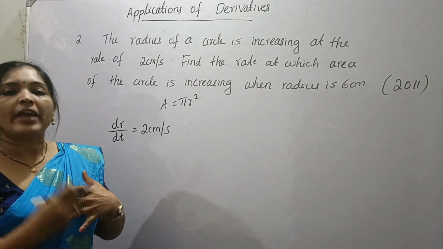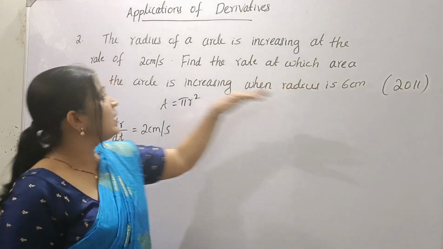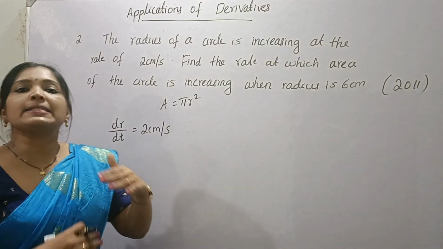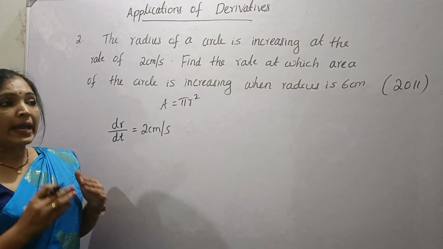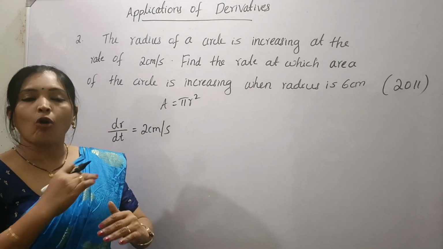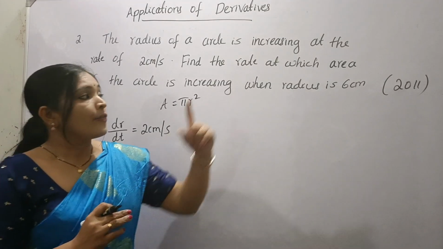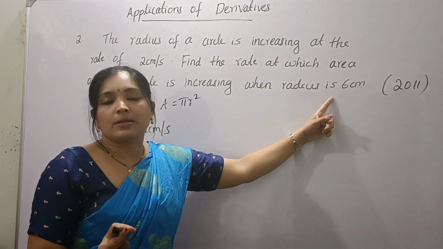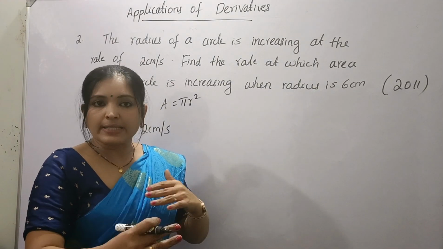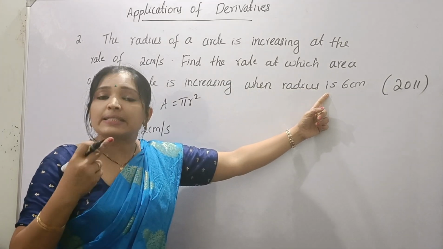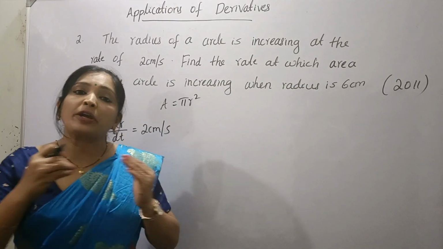Okay, now what we have to find? Find the rate at which area of the circle is increasing when radius is 6 centimeter. That means for a second, how is this area changing when the radius is 6 centimeter? Radius is also increasing. So when it is 6 centimeter, what is the change of area with respect to time?